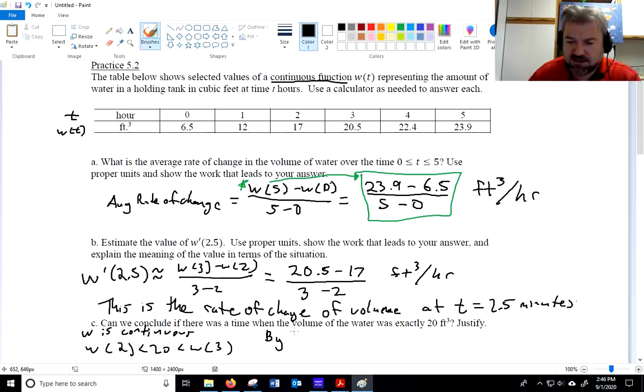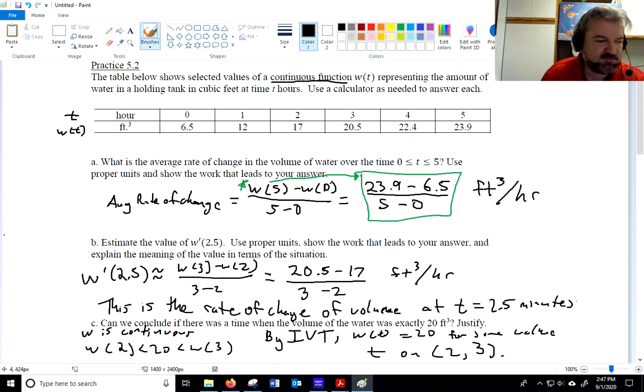So therefore, by the intermediate value theorem, which we can abbreviate IVT, W of t equals 20 for some value t on the open interval from 2 to 3, or t greater than 2, less than 3, however you want to write that. Okay?